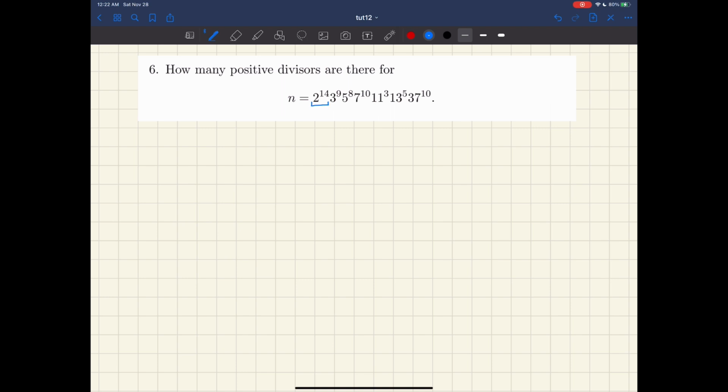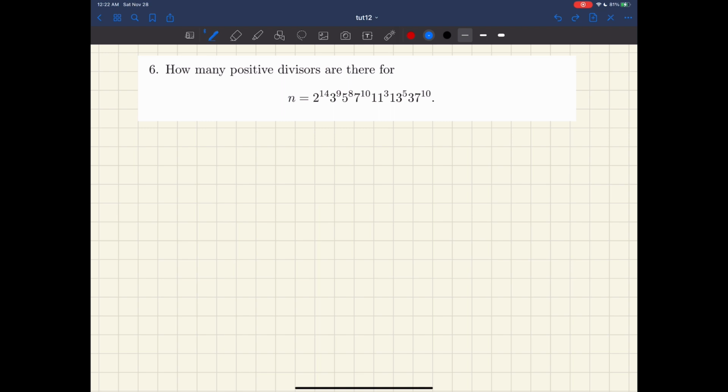If you just take 2 to the power 14, it will divide the whole thing. If you take 3 to the power 9, 5 to the power 8, 7 to the power 10, it's also a divisor. Just 3 to the power 8 will be a divisor as well. So any possible combination of these numbers would be a divisor.